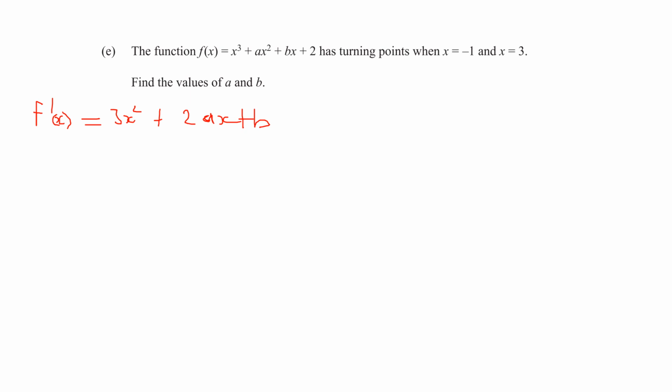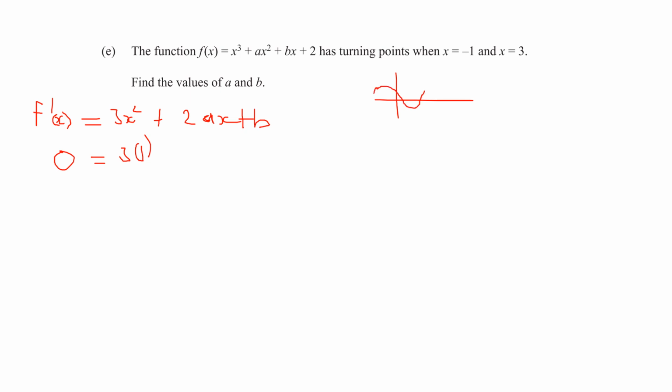And we know that f dash of x equals 0 at these points, in fact, because it's a turning point, so the gradient will be 0. So basically what we're saying is, let's say the graph looks like this.